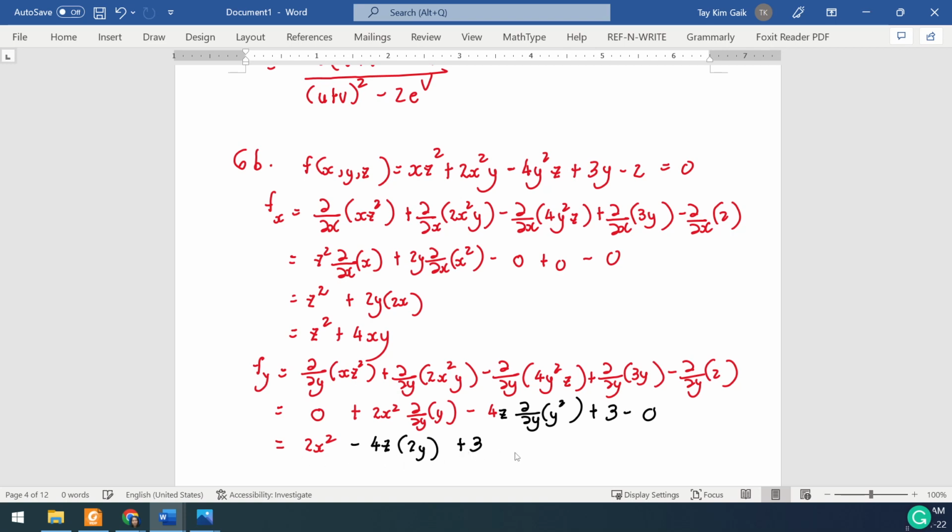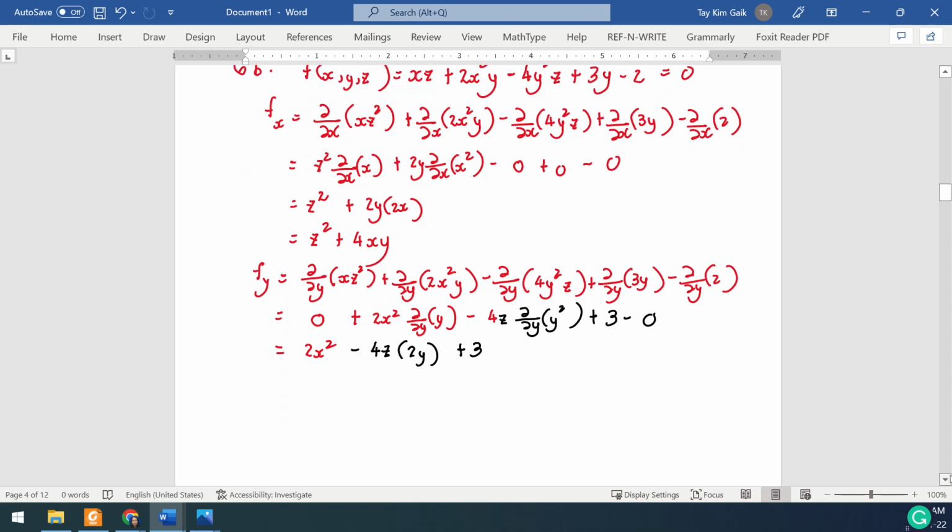So this is fy. You can simplify it, and it becomes 2x squared minus 8yz plus 3. This is fx, this is fy.